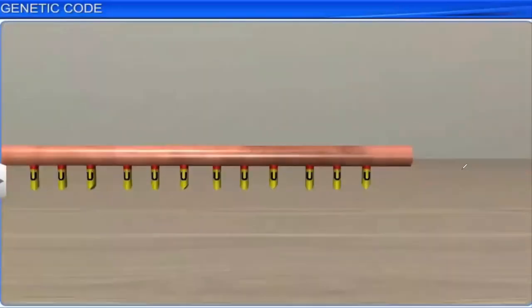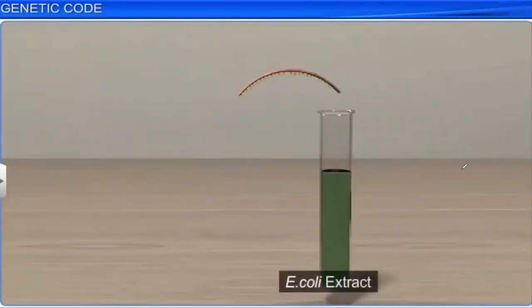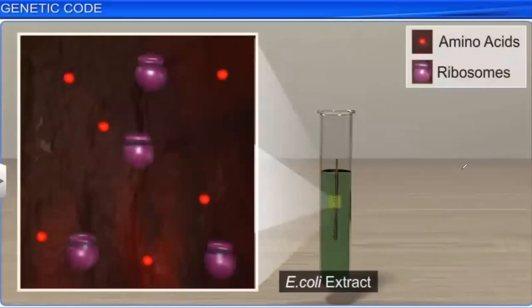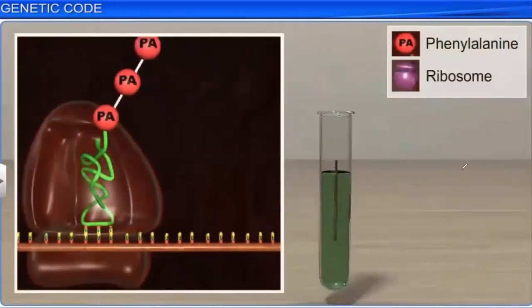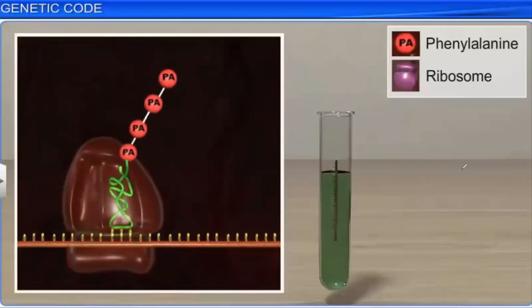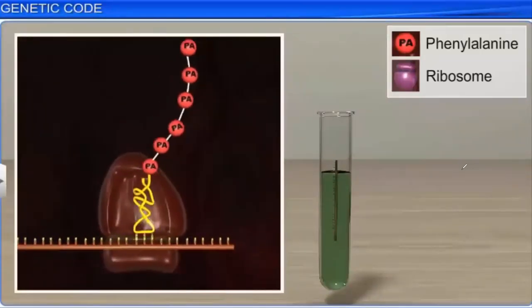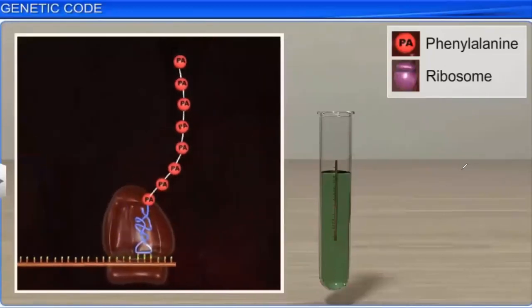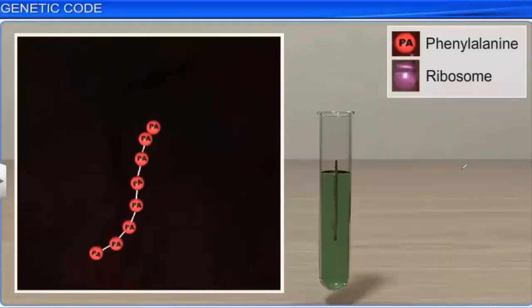The scientists then added artificially synthesized mRNA consisting of only one base, uracil, in the cell-free system. The E. coli extract was now able to produce a protein chain made of one repeating amino acid, phenylalanine, with the help of the Severo Ochoa enzyme called polynucleotide phosphorylase that was present in the extract.